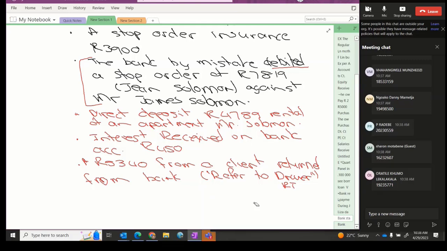The check bounced, or there's no money in the account, and it shows in your books that the client paid 5,340, but actually there's no money.